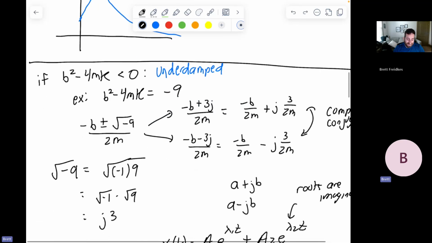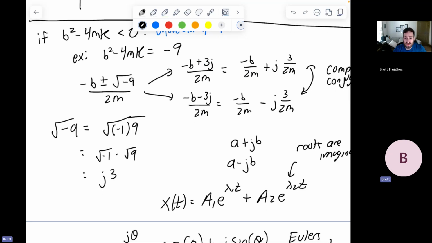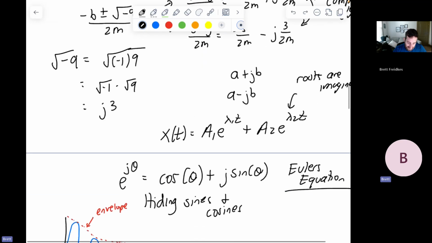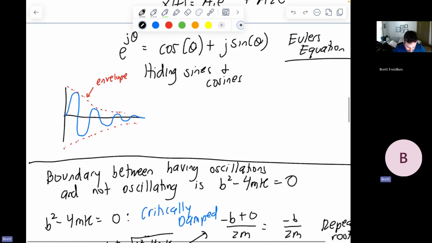In the situation that it was negative, we saw that inside the square root, we have a negative number, which leads to imaginary terms popping out. In that situation, they ended up being complex conjugates. And because of Euler's equation, we know that an exponential with imaginary numbers is actually hiding cosines and sines in it, which implies that our system will oscillate sinusoidally and it will decay while doing so.